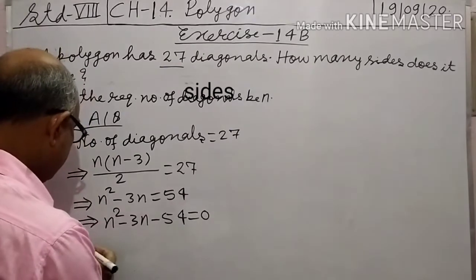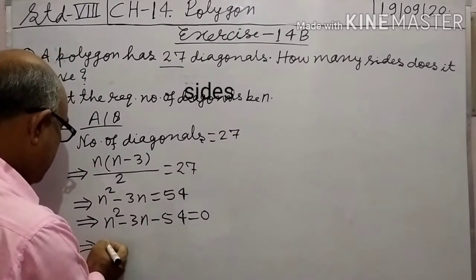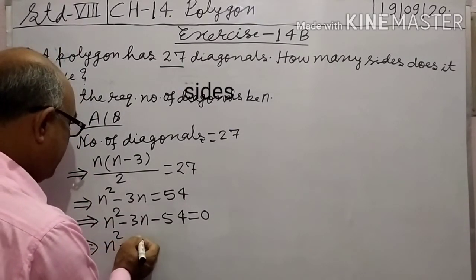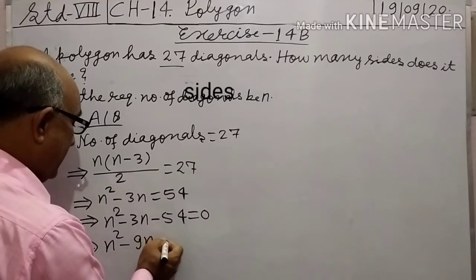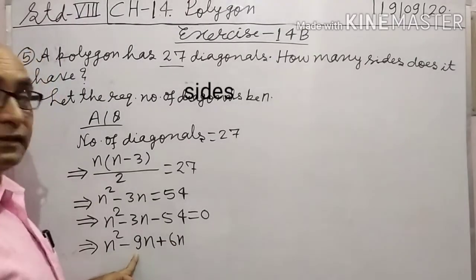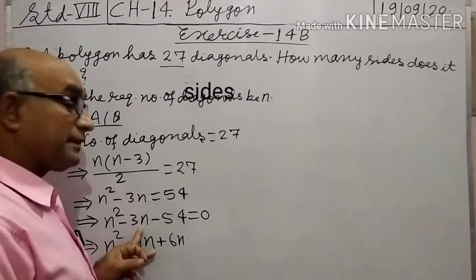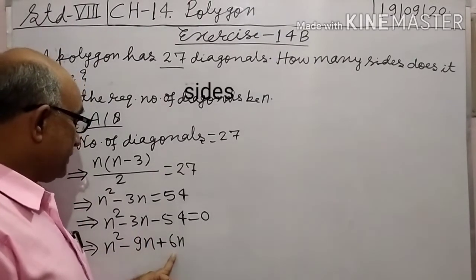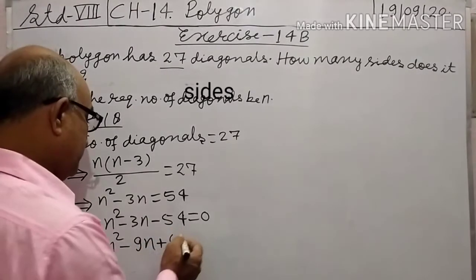Factorize it. n square minus 9n plus 6n: minus 9n plus 6n equals minus 3n, and minus 9 into 6 equals minus 54.